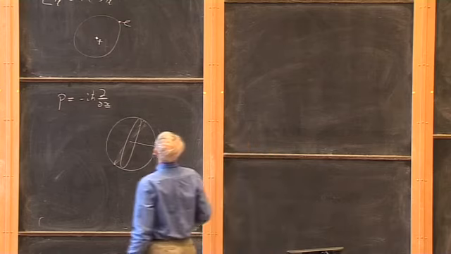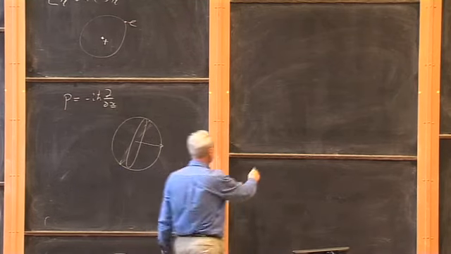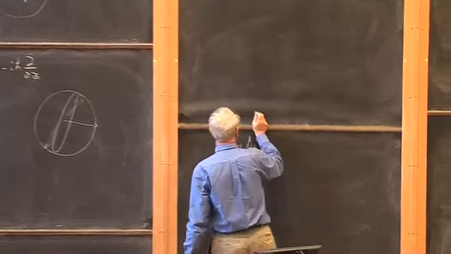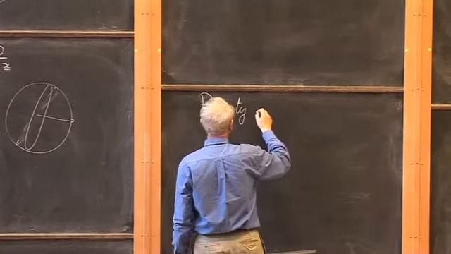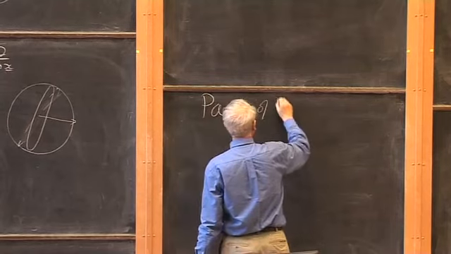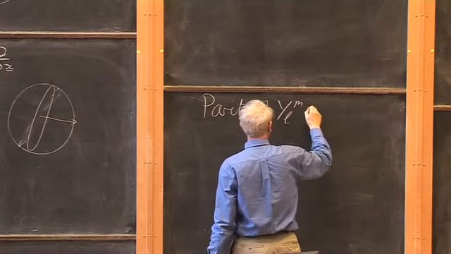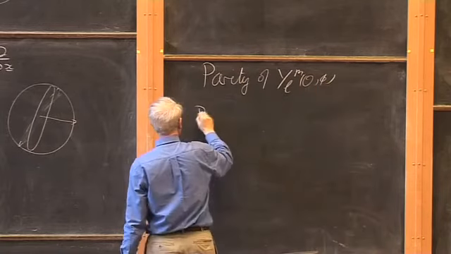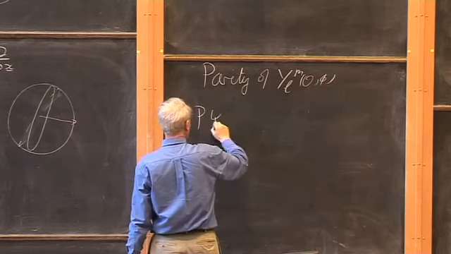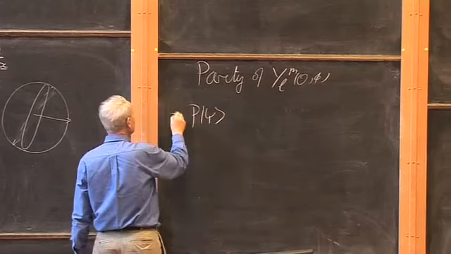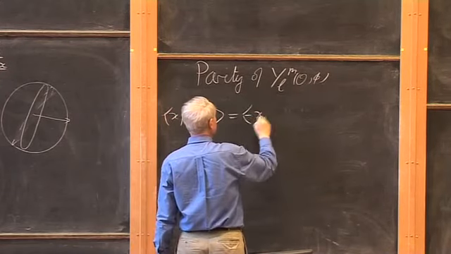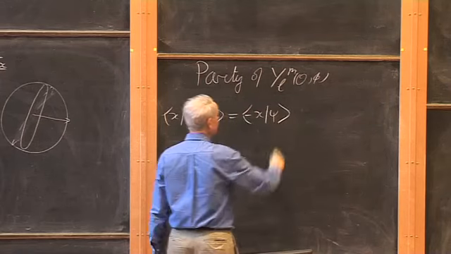Okay, so now we should address an important topic, which is the parity. This is practically an important topic, the parity of Y_LM. So remember the parity operator, P, working on a psi, makes a state whose amplitude to be at x is the amplitude to be at minus x if you were in the state psi.